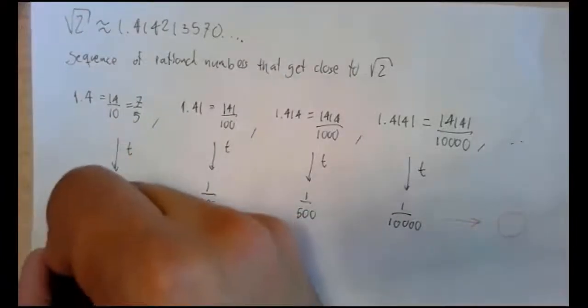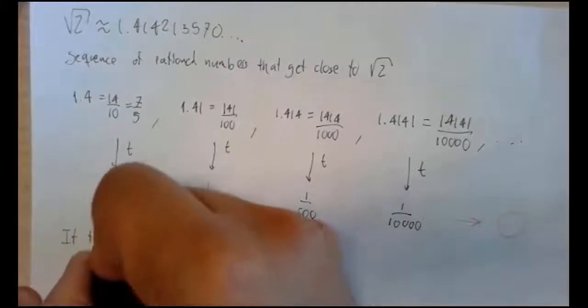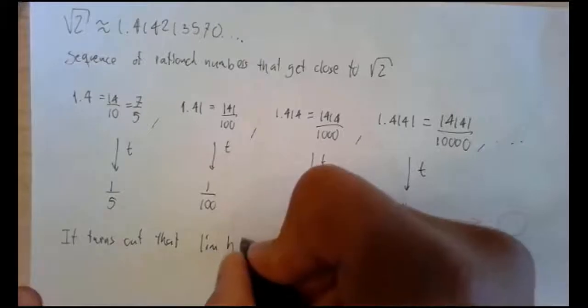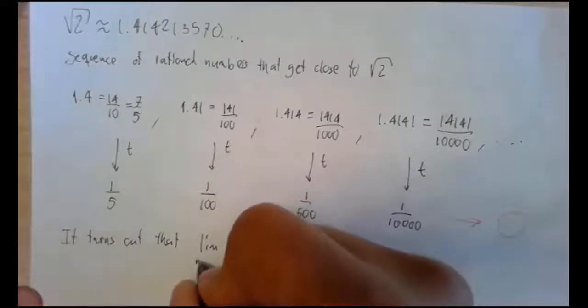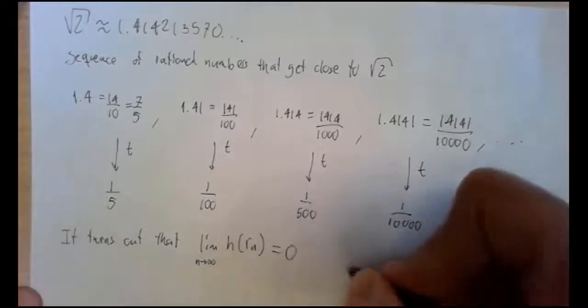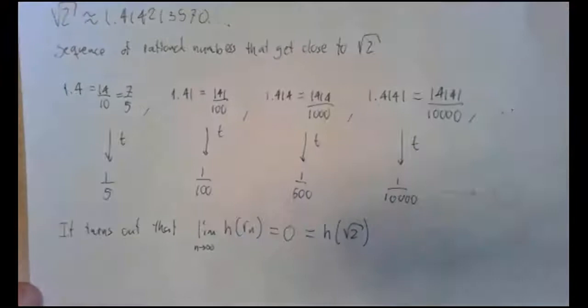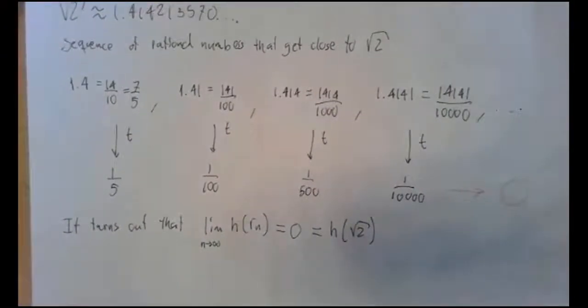So it turns out that the limit of these rational numbers is 0. And 0 happens to be t of square root of 2. So look at what's happening here. For irrational numbers, it doesn't matter if we pick a sequence of rational numbers or irrational numbers.